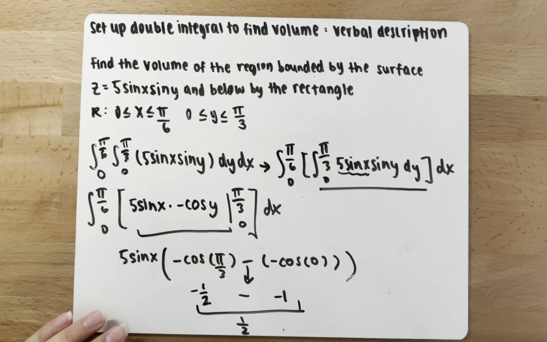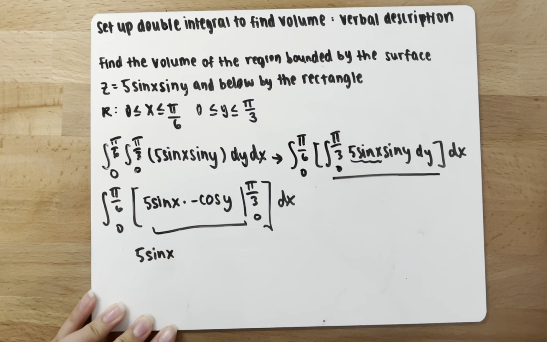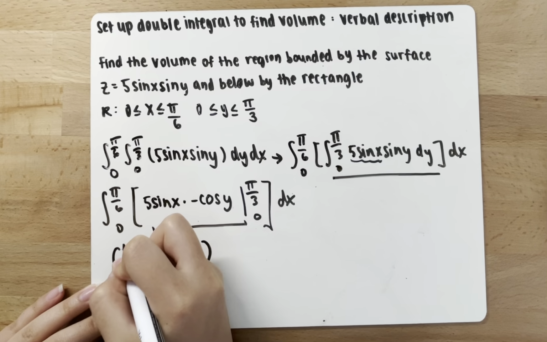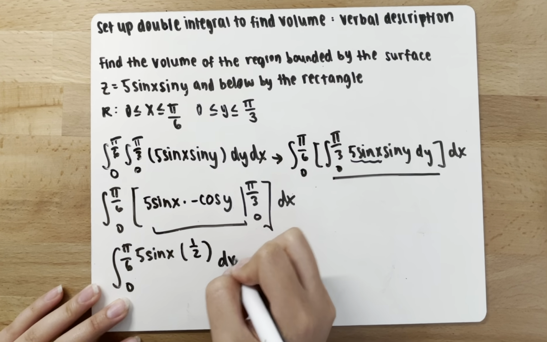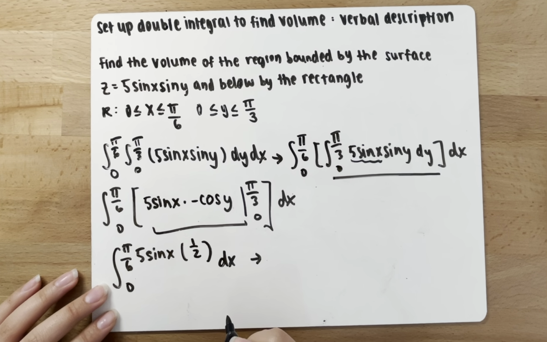I'm just going to erase this. Bring up the 1/2 right here. This is your simplified outer integral. Now, we could take out 5 over 2.